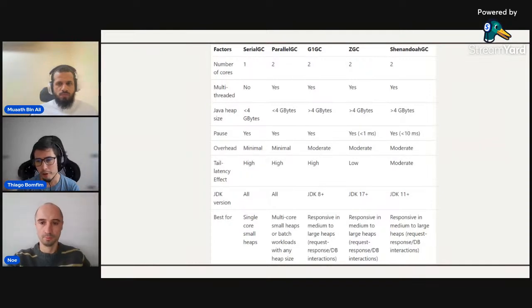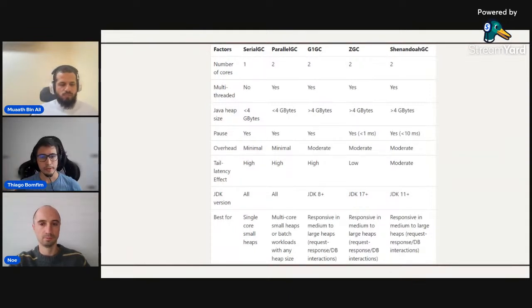So, of course, if you have a big heap size, probably we don't have a huge problem with CPU. But if you have a small heap size, maybe it can be a problem. Okay, good, you need more CPUs.